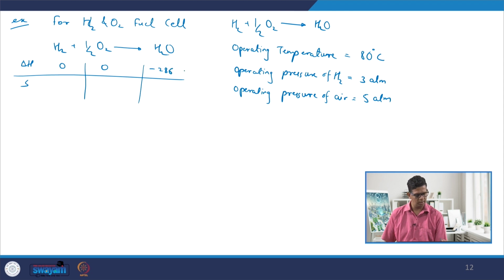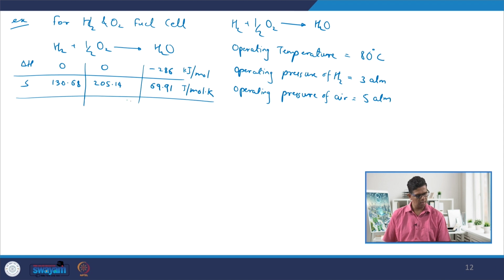Let us take 286 kilojoules per mole on intrinsic basis, and we have entropy as 130.68 for hydrogen, then oxygen is 205.14 and for water it is 69.91. This is in joules per mole per Kelvin.